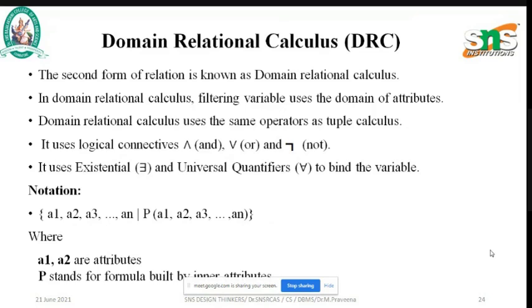Next one is domain relational calculus. The second form of relational calculus is known as domain relational calculus. In domain relational calculus, the filtering variable uses domain of attributes. There we used tuples of relation; here we use domain of attributes. The domain relational calculus uses the same operators as tuple calculus.